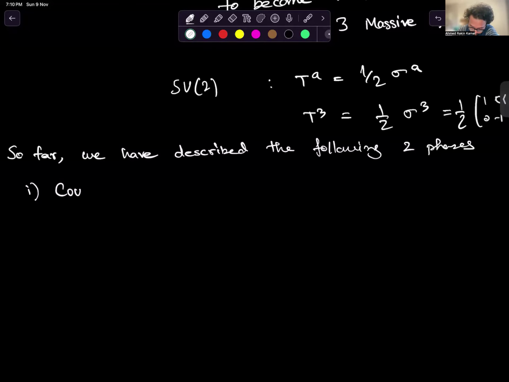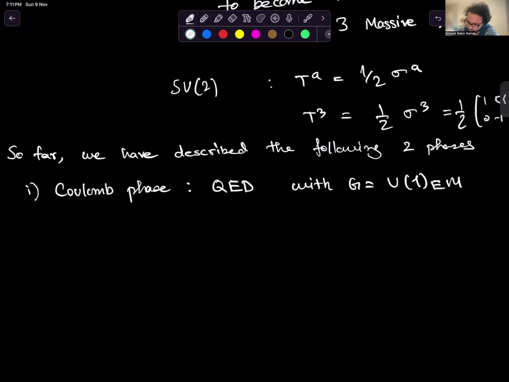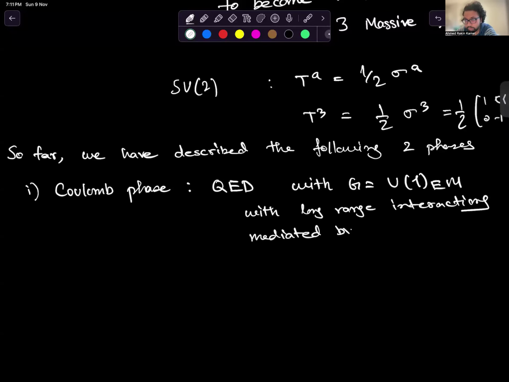One, which we call the Coulomb phase, which is basically QED, for example, with long range interactions mediated by massless gauge fields. So in the Coulomb phase, there's no spontaneous symmetry breaking.